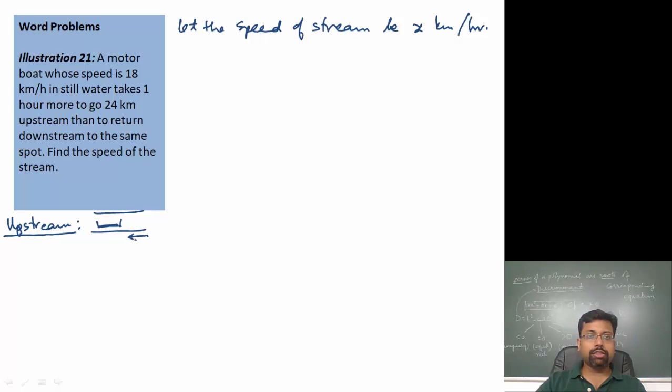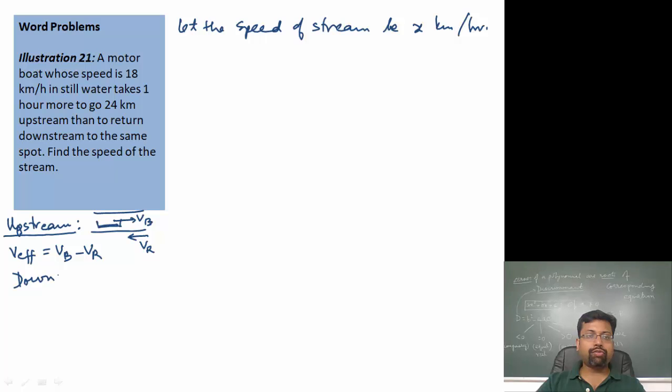If the river is flowing this side with a speed of Vr, and the boat is going in the opposite direction with a speed Vb, then in case of upstream, the effective speed of the boat is going to be Vb minus Vr, because it goes ahead with a speed of Vb, but it gets pushed back by the river flowing at a speed of Vr. So the effective speed of the boat in upstream is Vb minus Vr. Upstream is when you are moving against the current.